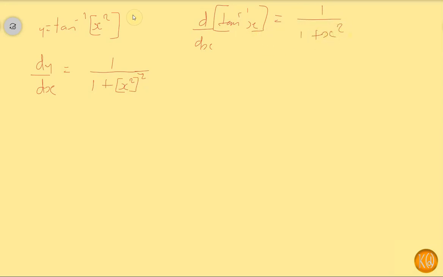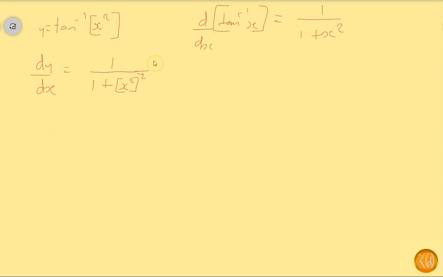But if we look in this problem, our x would be x squared, right? So we would plug x where x is in the formula here. That's what we did there, and x was being squared, so therefore the x squared will be squared.